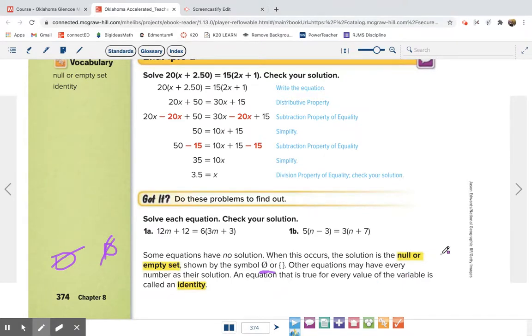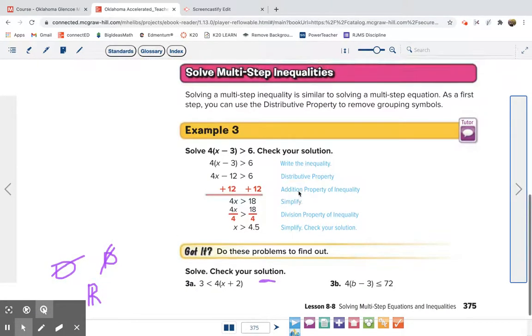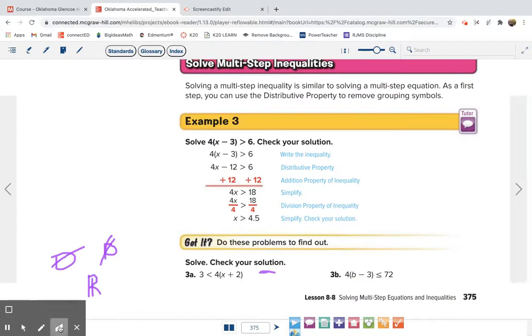If it's true for every value, that's called an identity, or I will say all real numbers. And I use this symbol. It's like two lines for one capital R, all real numbers. You might write this symbol and write out beside it that it means all real numbers, because we're going to look at some of those now.